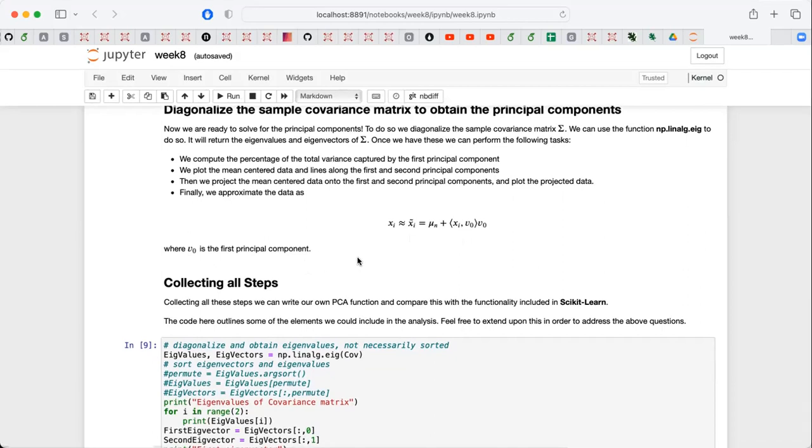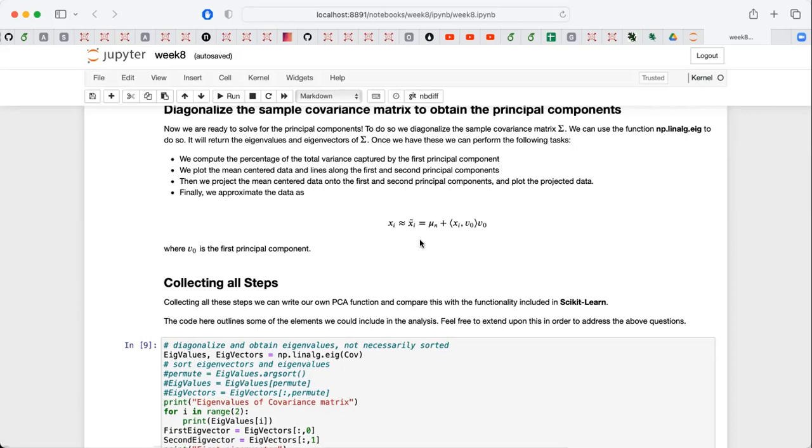So what you're doing now is to prepare the ground for constructing something which is called the reconstruction error. So that means that now we are going to look at the difference between the original data set and the truncated data set.